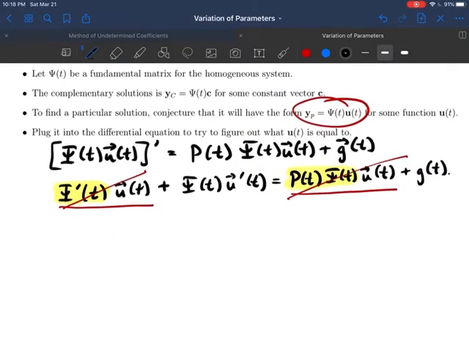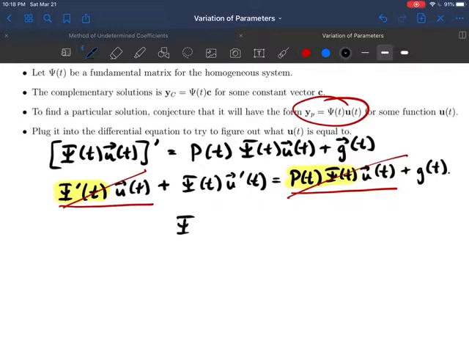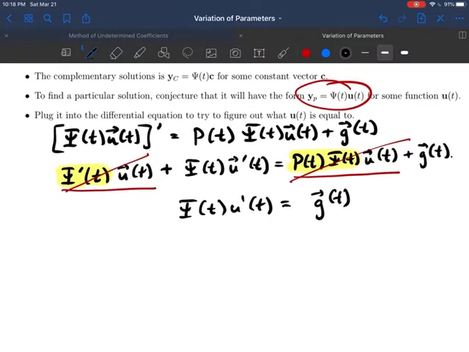So now we have that c of t u prime of t is equal to just g of t. So that's great. That's much simpler than what we started with. And now what we'd like to do is still solve for u prime of t, which means we need to get it alone. And since it's a derivative, then we're going to need to anti-differentiate.